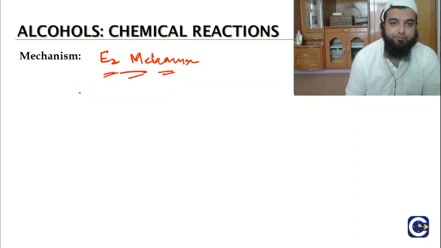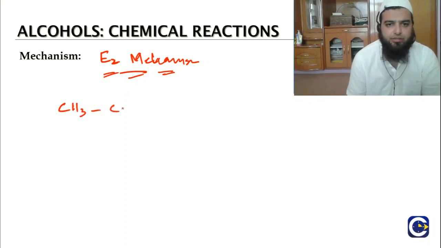So what happens in this mechanism? We have an alcohol, a primary alcohol, for example CH3CH2CH2OH. What happens in this case? This hydrogen is replaced by a good leaving group.